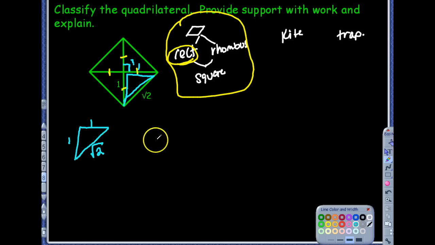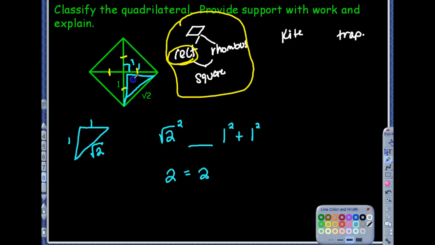Okay, so I'm going to use the converse of the Pythagorean theorem. I'm going to take the longest side, which is radical 2, and square that. We're going to see if it is equal to 1 squared plus 1 squared, because we really want to see if they're perpendicular or not. So that's going to be 2 on the left side, and on the right side, it's also going to be 2. So it is equal.